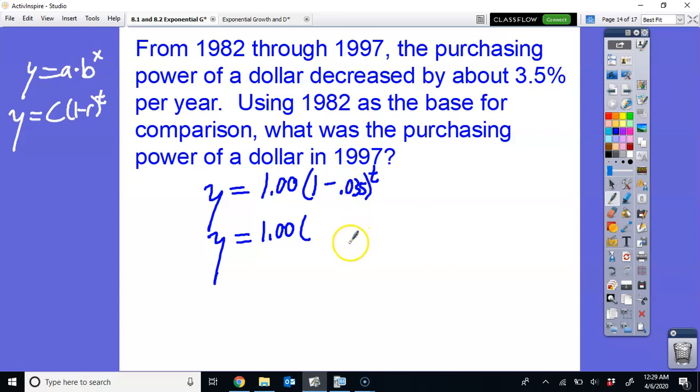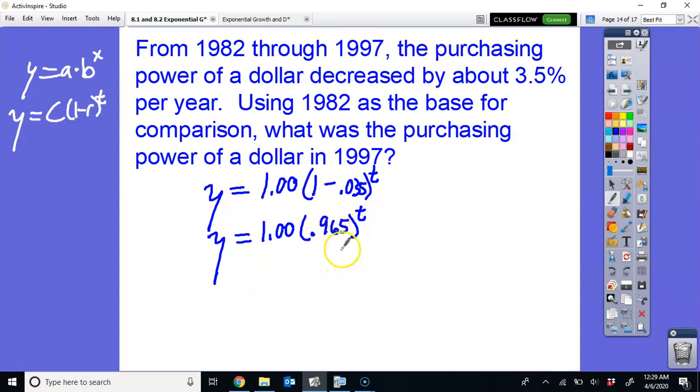1 minus 0.035 would be 0.965. Now let's think about what that means. 0.965 reminds me, hopefully, that I just subtracted the rate out. So that means it's going to be decay, even if I didn't know it in the first place. Hopefully I do, just because I know I'm decreasing, right? But this also tells me what's happening here.